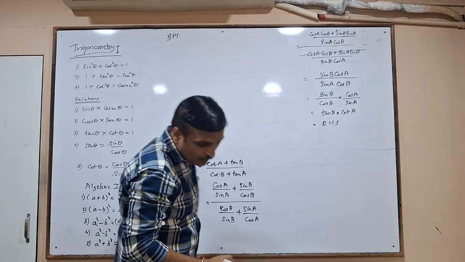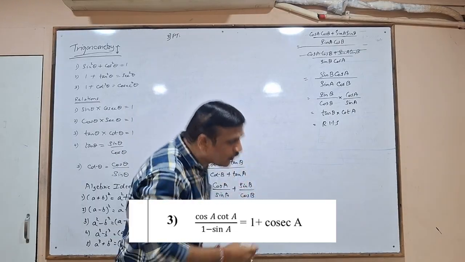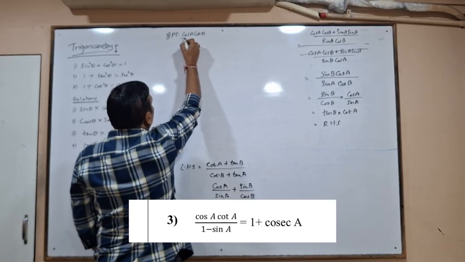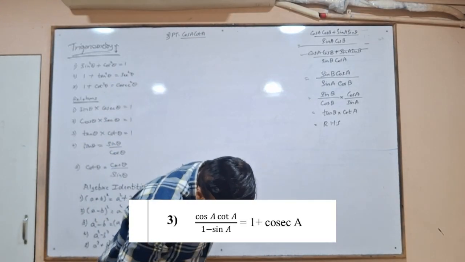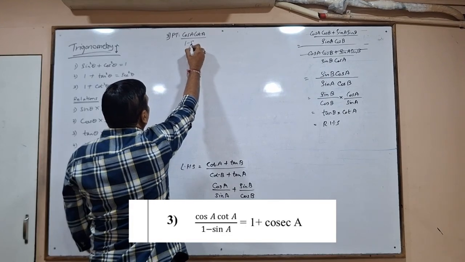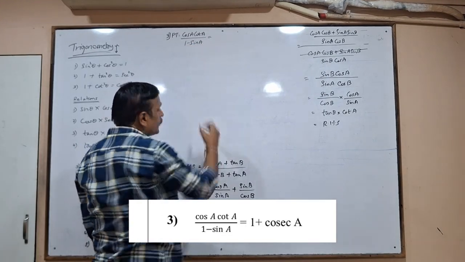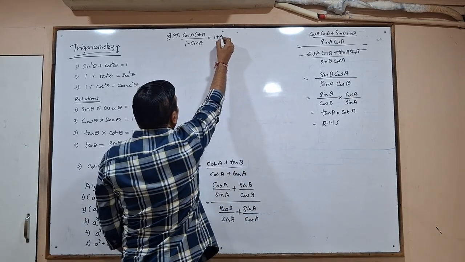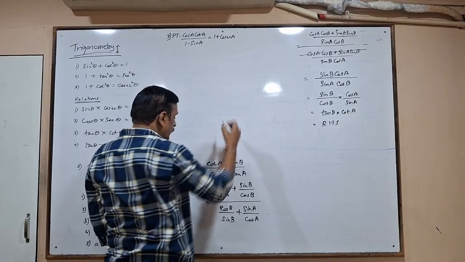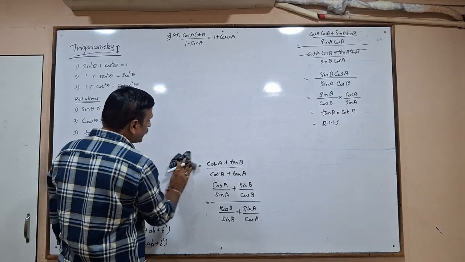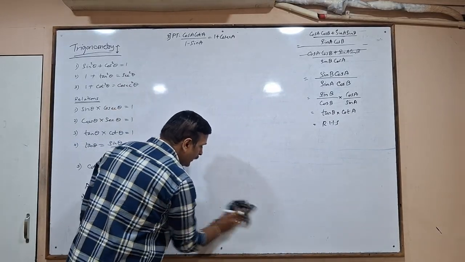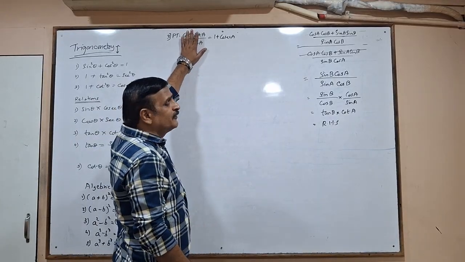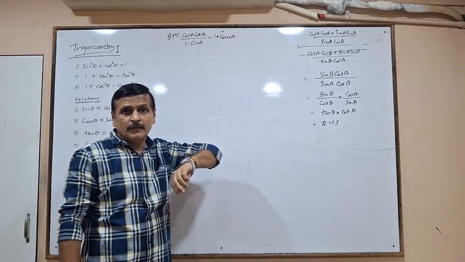Prove that cos A into cot A upon 1 minus sin A is equal to 1 plus cosec A. Now again, on the RHS we have 1 plus cosec A, but on the left hand side there is a denominator.